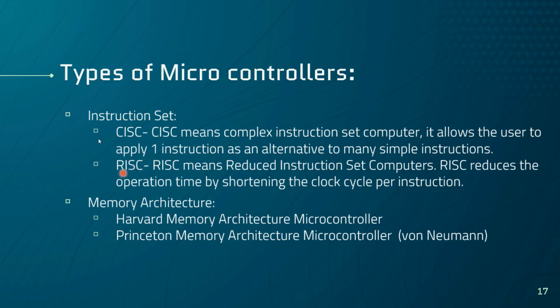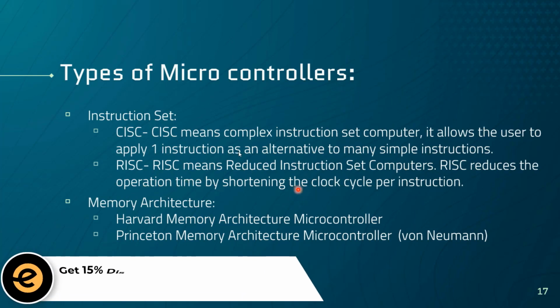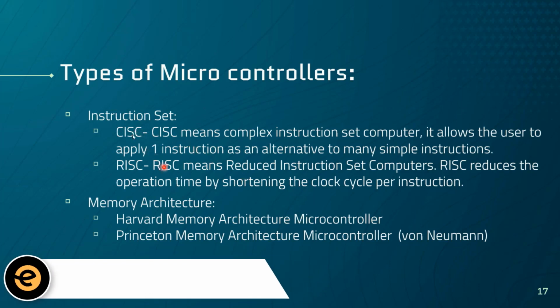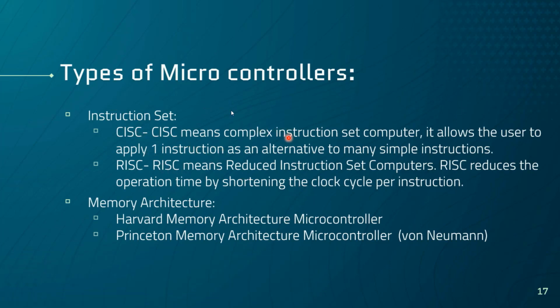And then there is RISC, which is the reduced instruction set computer. RISC means reducing the operation time by shortening the clock cycle per instruction. So in simple terms, what is the difference between complex instructions and reduced instructions?